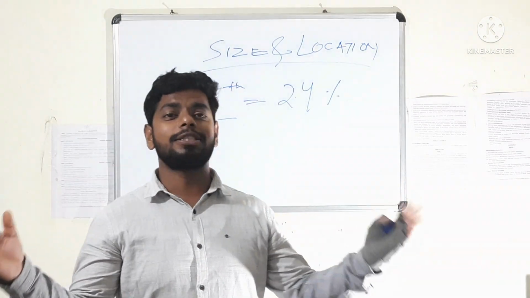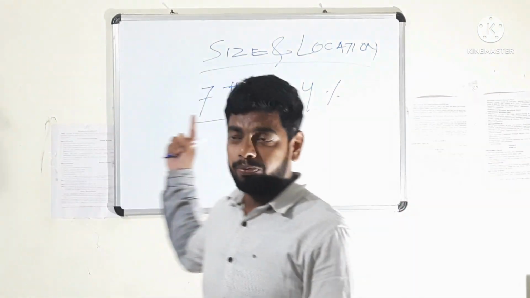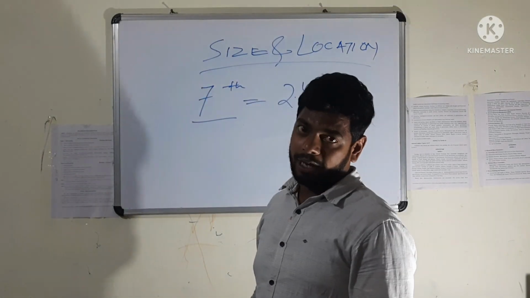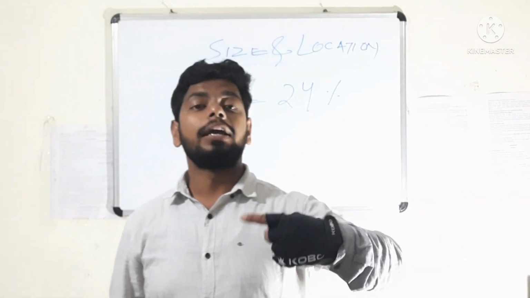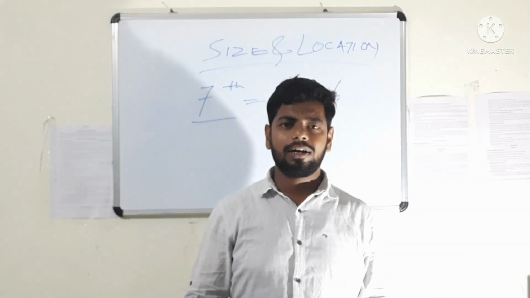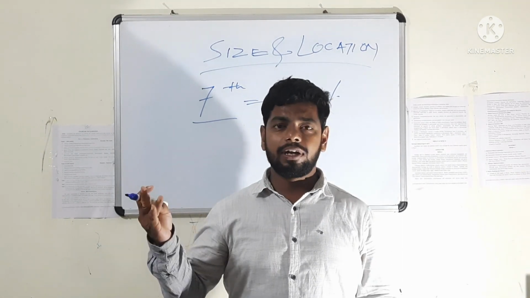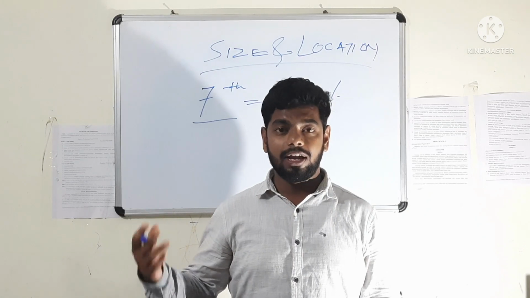So India is the 7th largest country in the entire world in terms of area, which occupies 2.4% of the world's area. It is located in the continent Asia. As we know, there are 7 major continents: Asia, Africa, North America, South America, Europe, Australia and Antarctica.